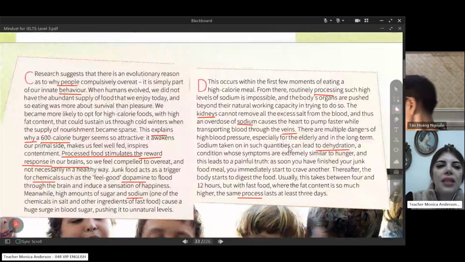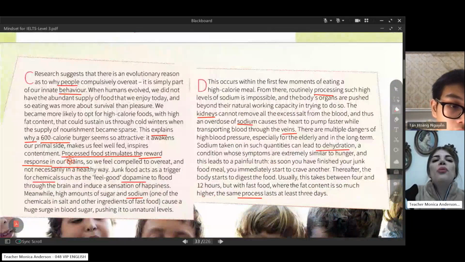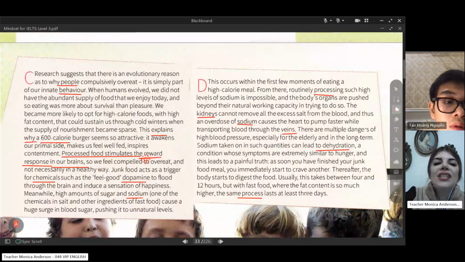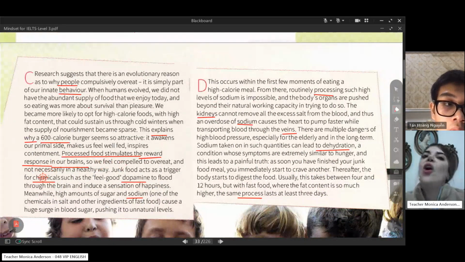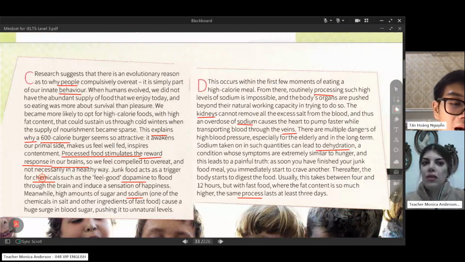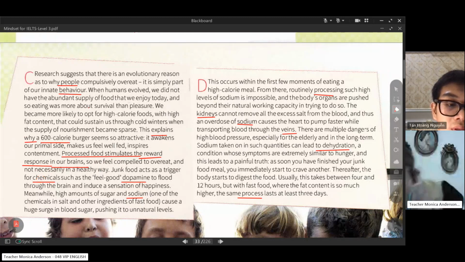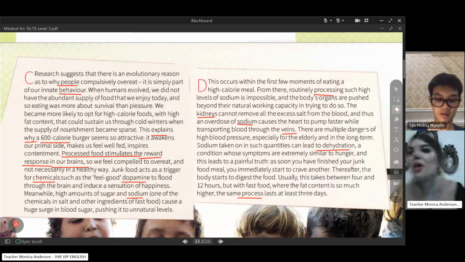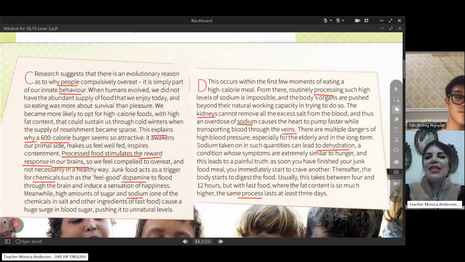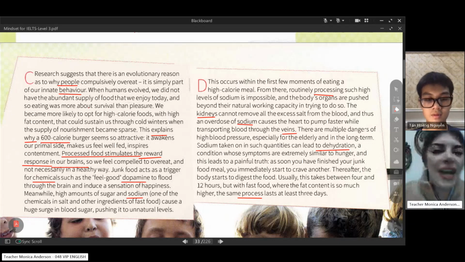Read it. Look. Processed food stimulates the reward responses in our brain. So something else, by processed food. Very good. By processed food. Where? In our brain. So this is a process in our brain.